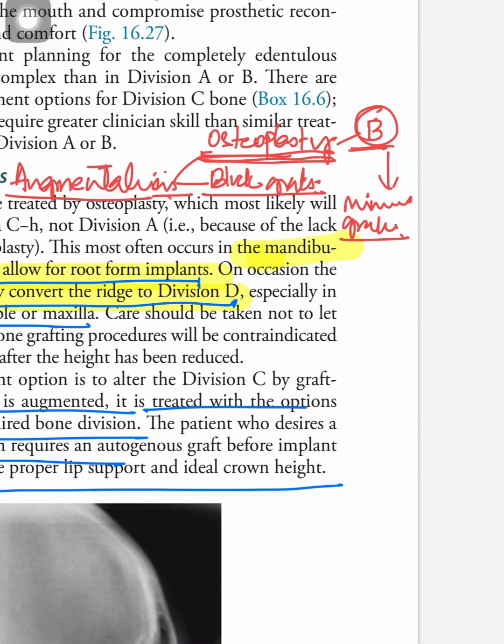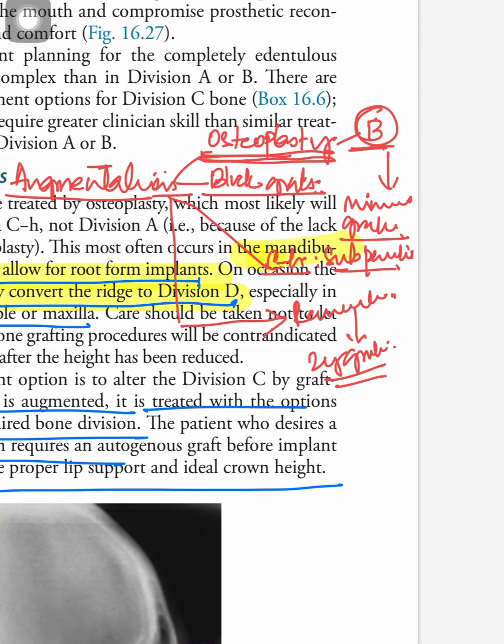When the height is less, you can go for subperiosteal implants. In the maxilla, there are options like remote anchorage, for example zygomatic implants. So when it comes to division C bone, you have multiple options, but they do require some sort of surgical and prosthetic skills.